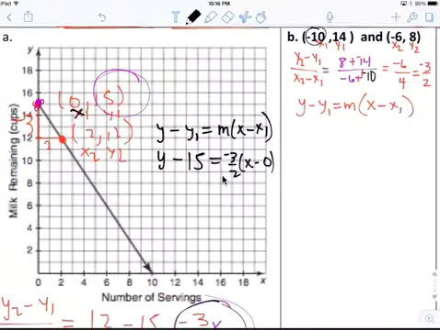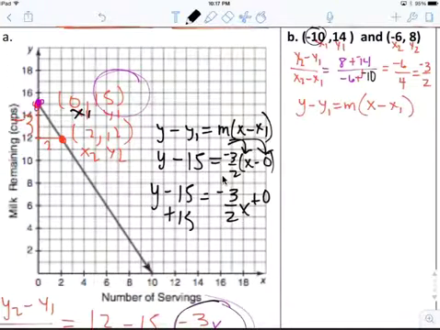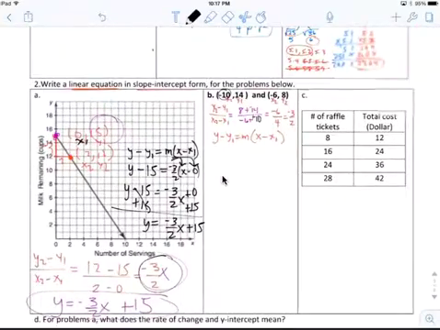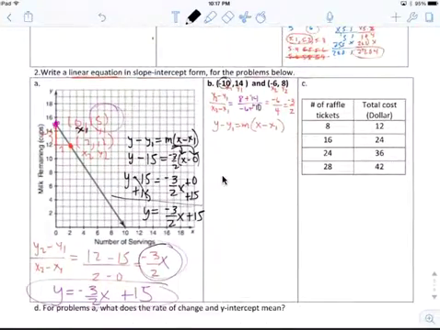X1 here is 0. Okay, so you distribute, you get negative 3 over 2x plus 0. Y minus 15 equals that. Add 15, you get y equals negative 3 over 2x plus 15. Same answer, you see. So if you forget how to use the y-intercept, you can always go back to this.